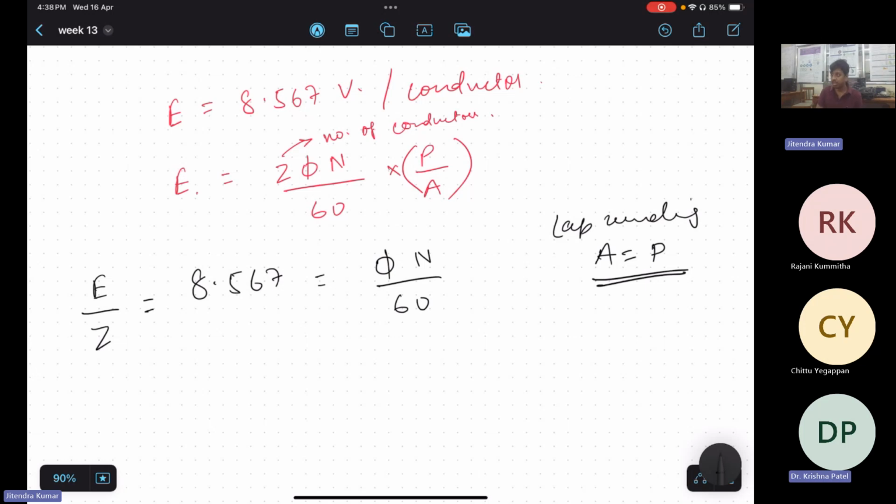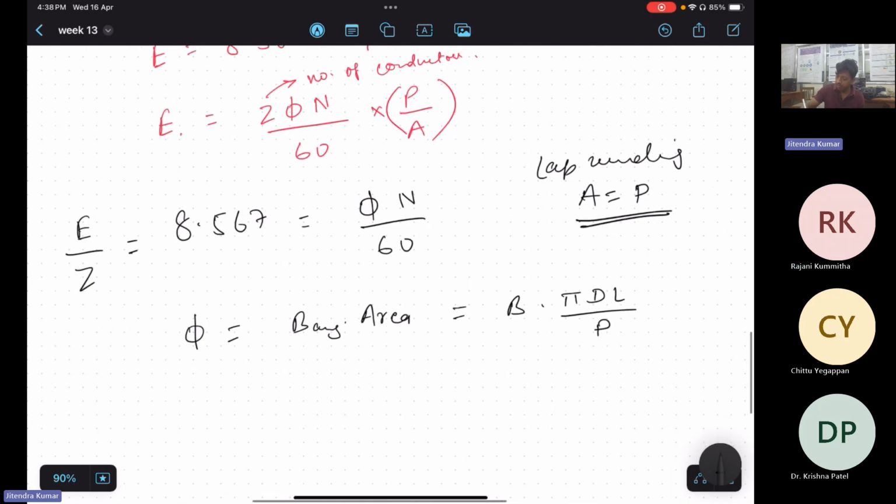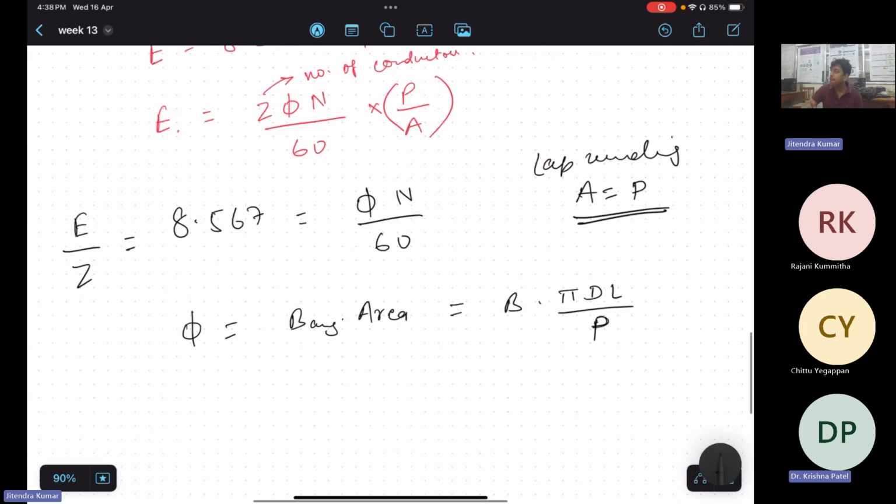Area is pi D L. Number of poles is not given, so the flux per pole will be B into pi D L by P. Here P is the number of poles.